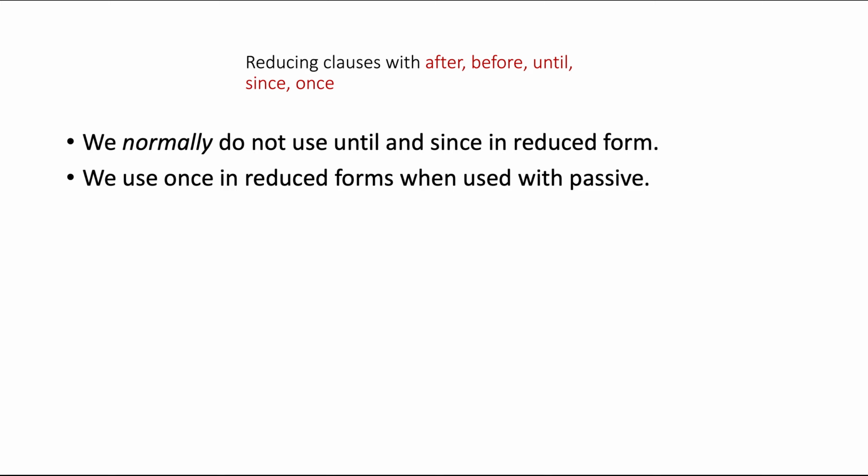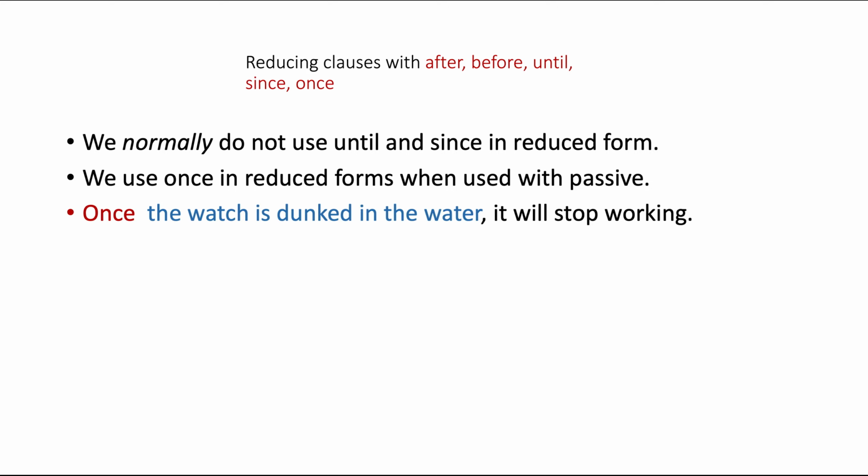So far we've been looking at examples that are all in active form. I mean, the verb in the adverbial clause was in the active form, not passive. But if it is in the passive form and if it is used with once, you can reduce it. And reducing it is going to be a little bit different. Now, notice the verb that is used in the passive form.